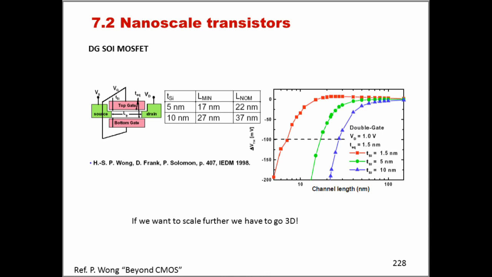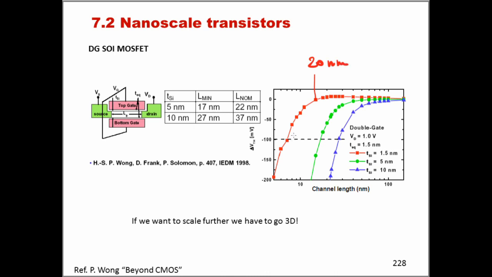So just another example for you to look at. But what we can see here is that with double gate SOI MOSFET, the best that we could do before we could start seeing short channel effects is of the order of something like 20 nanometers.